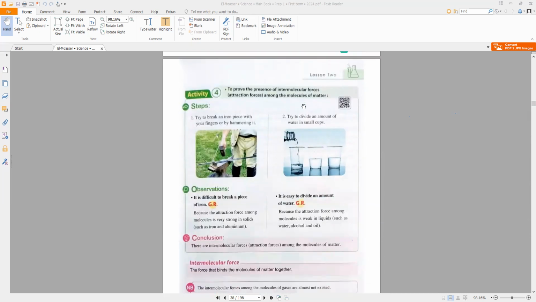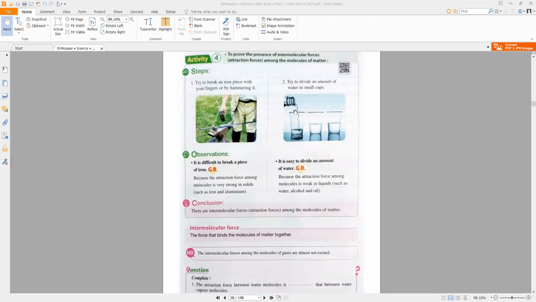Number three, in the properties of the molecules of matter, is the presence of intermolecular forces or attraction forces among the molecules of the matter. You have two forces, attraction force and repulsion force. Between the molecules of the matter, there is attraction force.